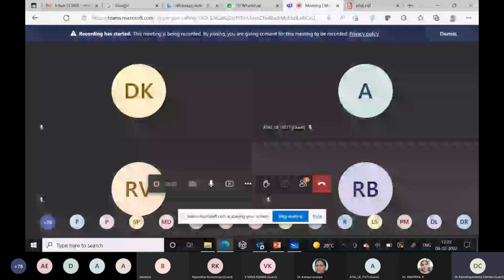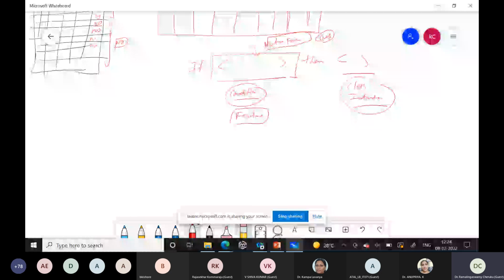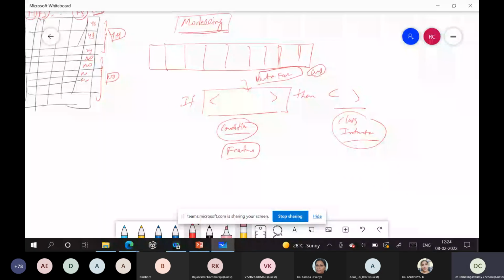Sometimes multiple features will take part in the if part, so in the condition part. So you have to combine these features with the help of the AND symbol. And the question is, which feature will take part in the if part?